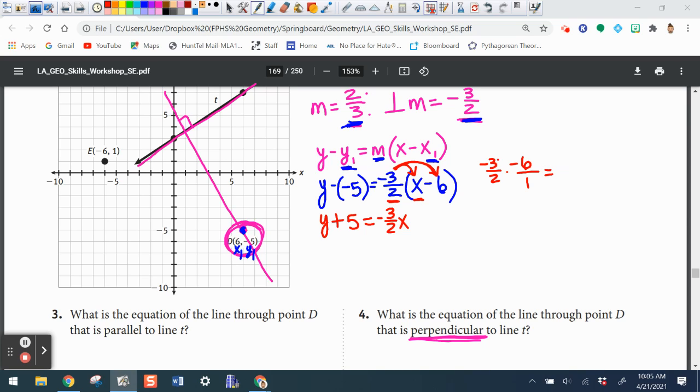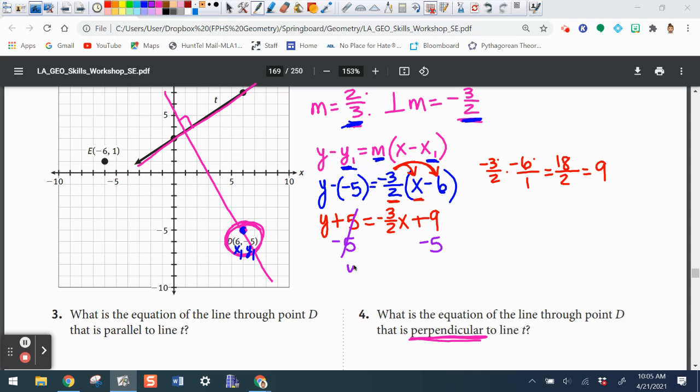Negative 3 times negative 6 is positive 18, because a negative times a negative is a positive. And 2 times 1 is 2. 18 can divide by 2 evenly to get positive 9. So I'm going to write a positive 9 here. Our last and final step, because slope-intercept is set equal to y, not y plus 5, is we need to move this positive 5 over by subtracting 5 from both sides.